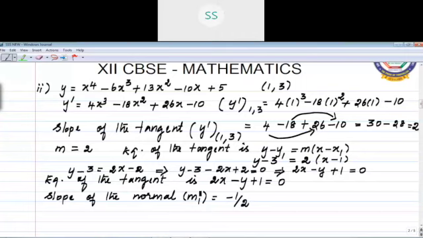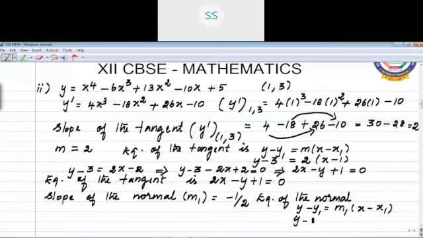Now, equation of the normal. What is it? y minus y1 equal to m1 into x minus x1, where m1 is the slope of the normal.